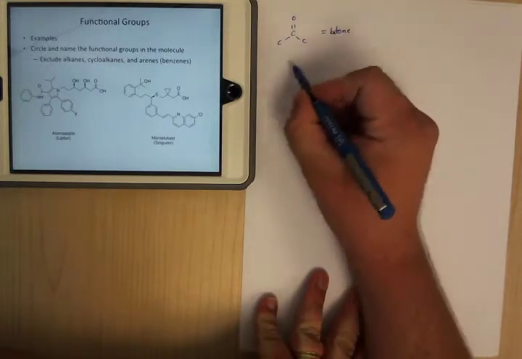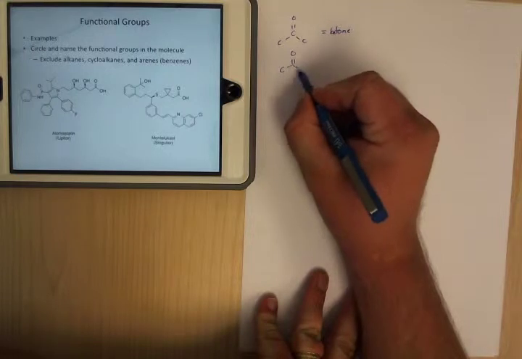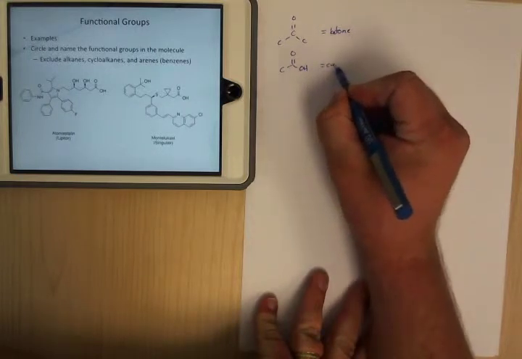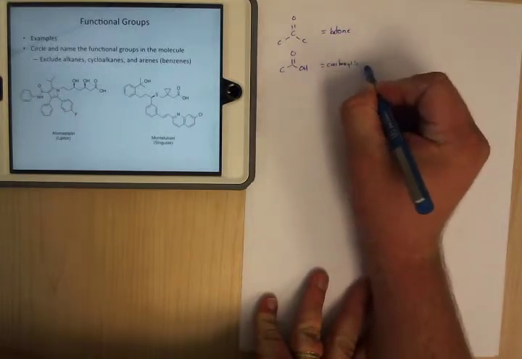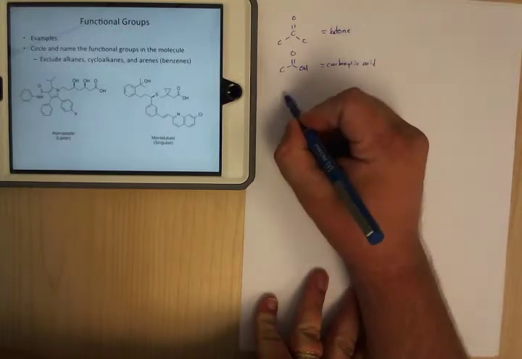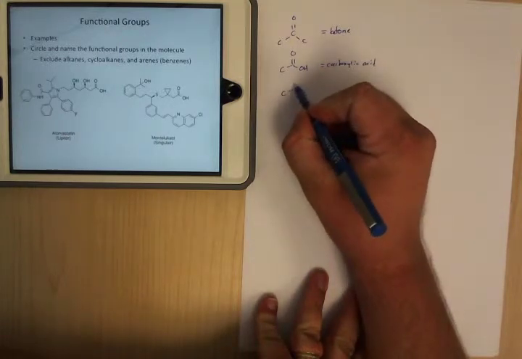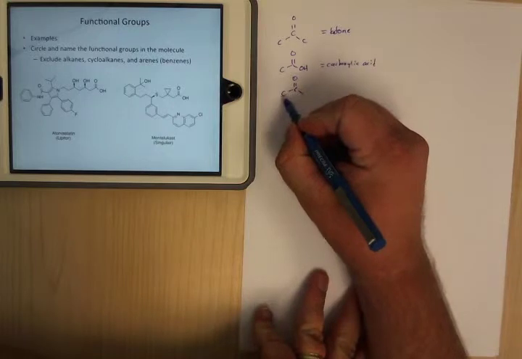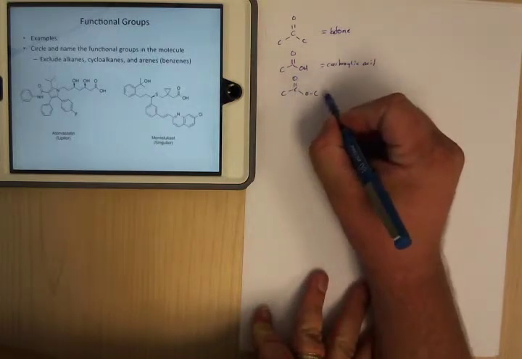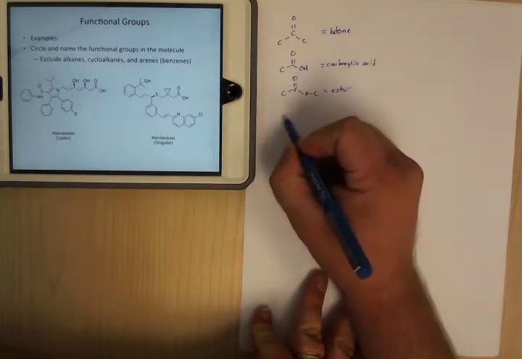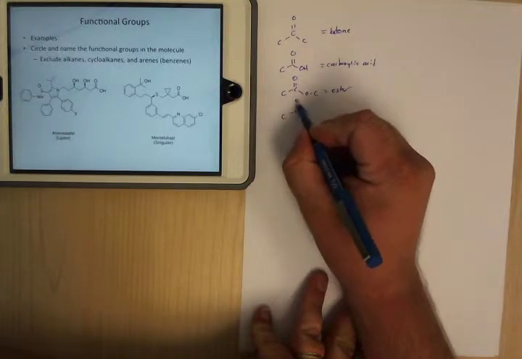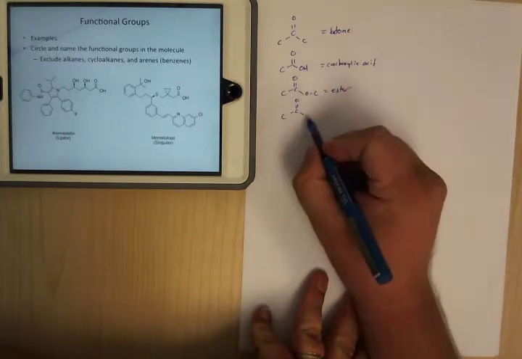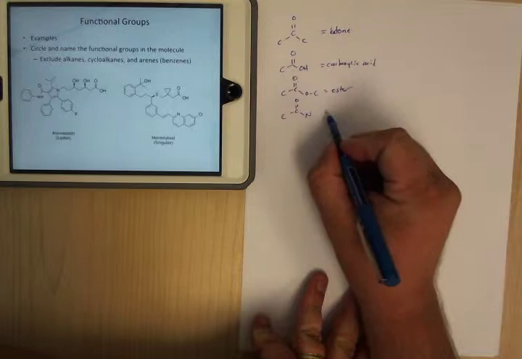If you have carbon on one side and an OH on that side, that's a carboxylic acid. A carbon, C double bond O, carbon on one side and O and another carbon, that's an ester. Carbon on one side, but say the nitrogen on the other side, that's an amide.